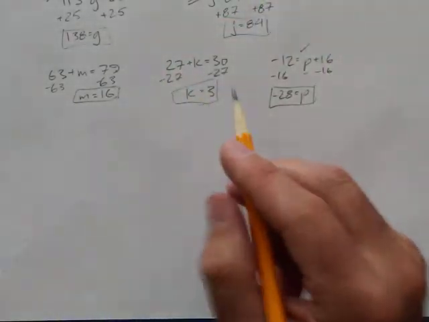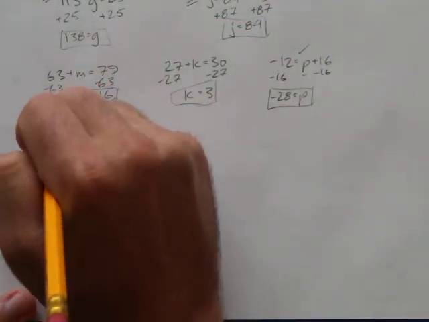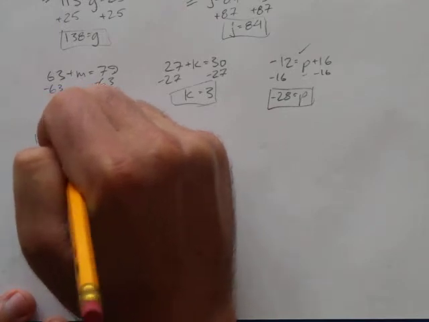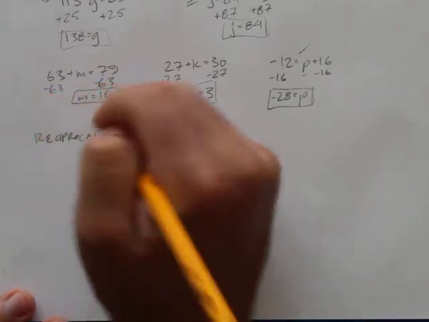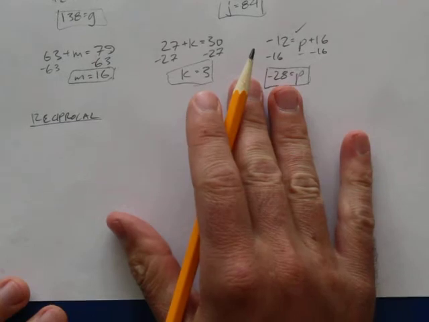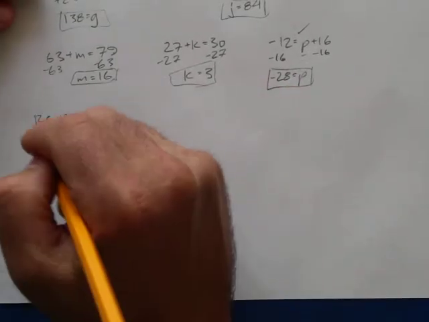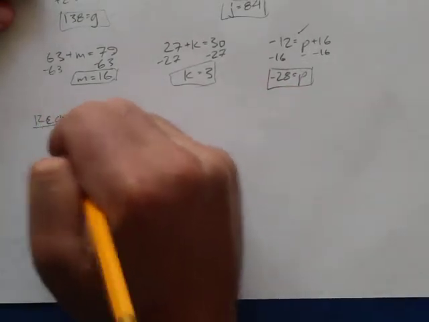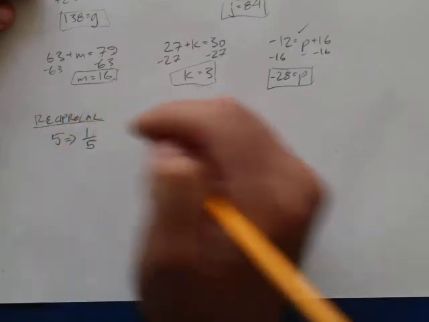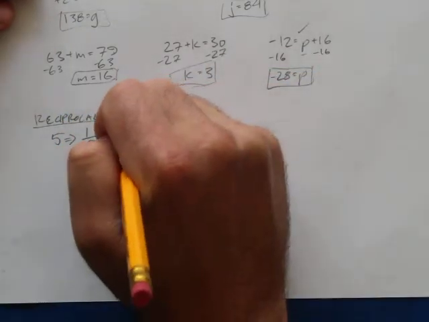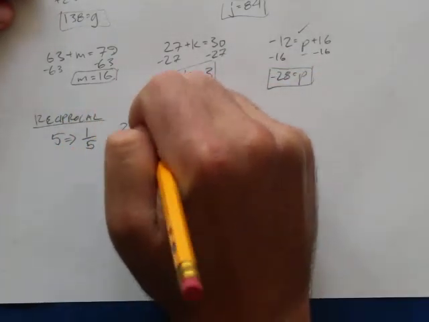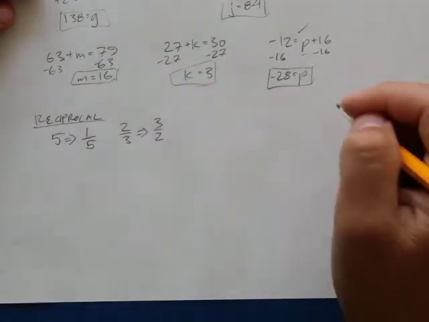All right, let's look at what a reciprocal is. The reciprocal of 5 is 1/5. The reciprocal of 2/3 is 3/2.